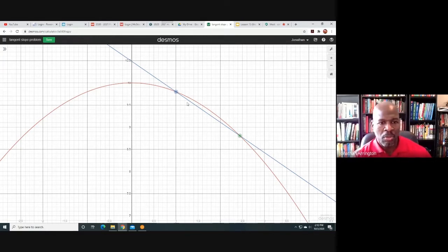Or if this slope represented a charge over time, that rate of change would be current. Or a temperature over distance, that rate of change would be something called a temperature gradient, which is very important for predicting weather. So rates of change are very important in real life science and technology.